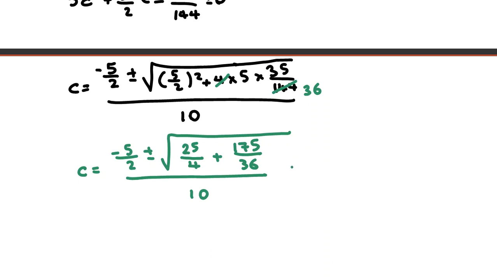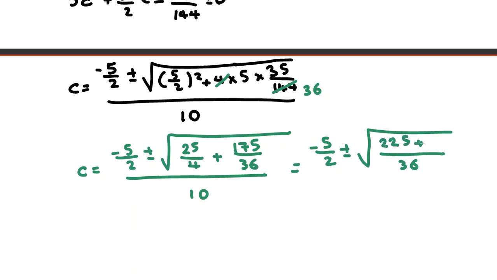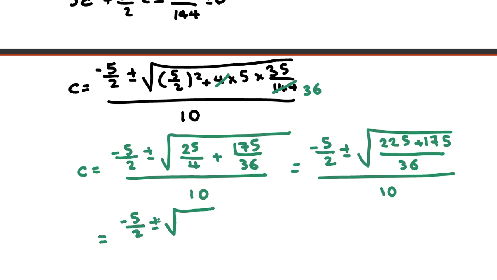Now if we use a common denominator inside the square root, it will be negative 5 over 2 plus or minus the square root of 9 times 25, which is 225, plus 175, all over 36, all over 10. And 225 plus 175 is 400 over 36.